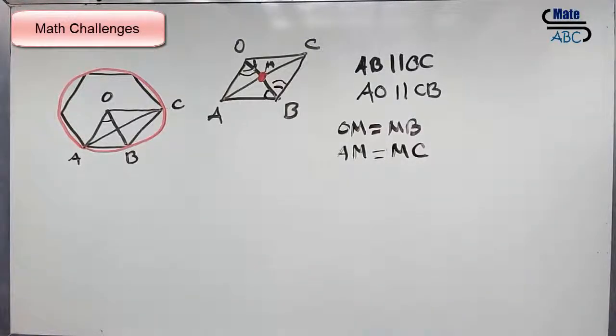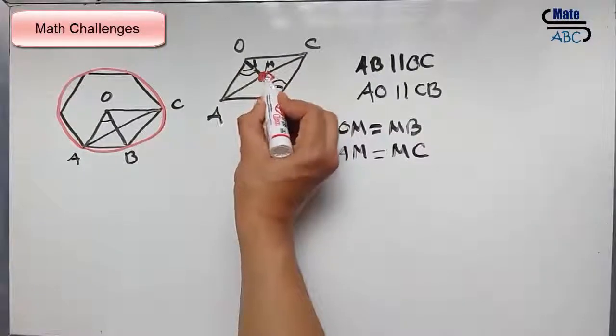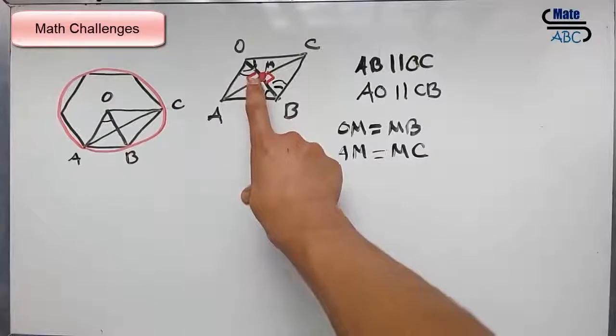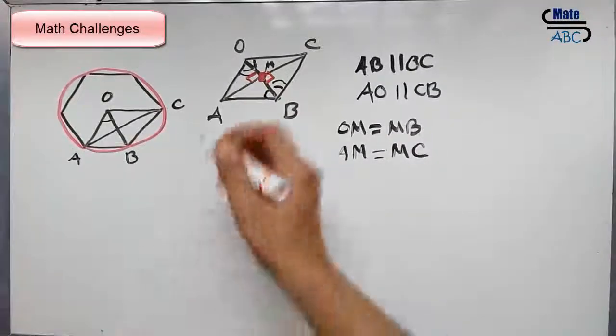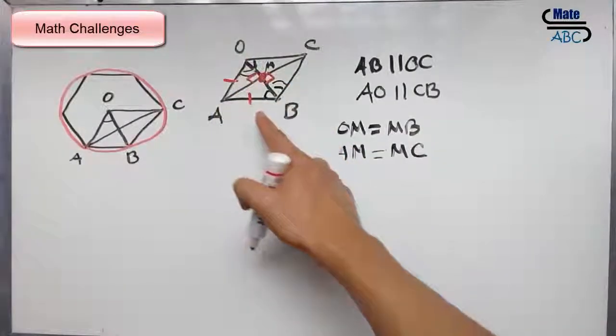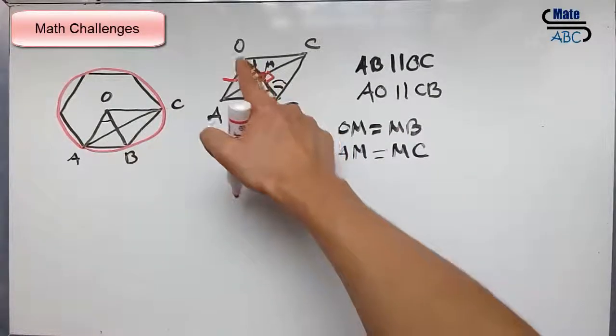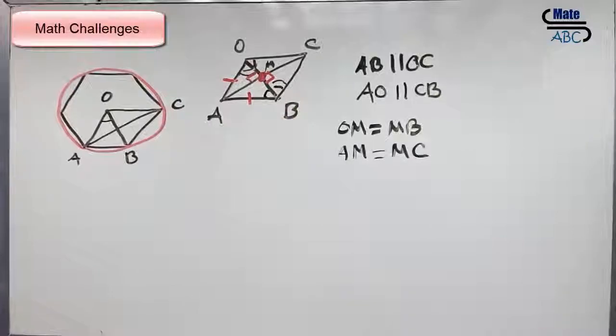And finally, this angle equals 90 degrees because if this is the midpoint and we have these are equal, this is the mediatrix of the segment OB.